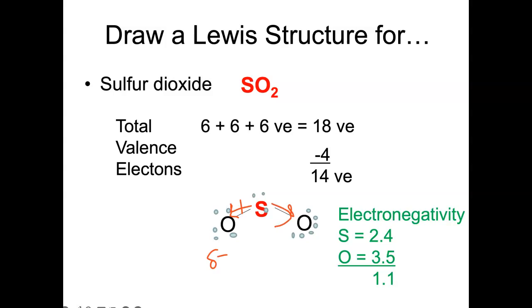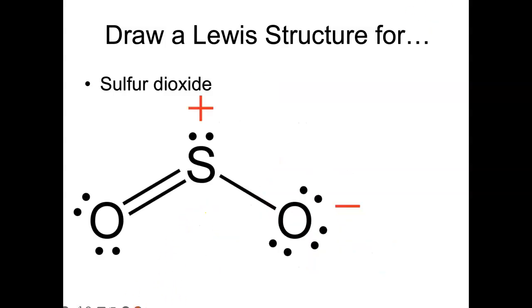Now, let's take a look at this molecule. Does the shape of this molecule allow one end to be negative and the other end to be positive? And the answer is yes. So it is also a polar molecule. Now, what is going to happen with these polar molecules? They're going to be kind of like this.